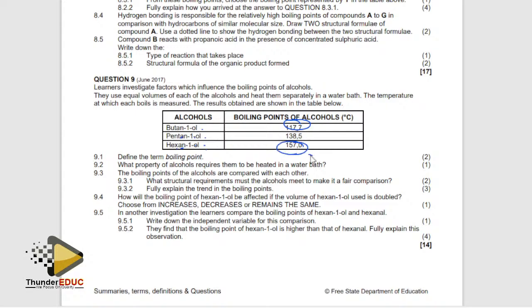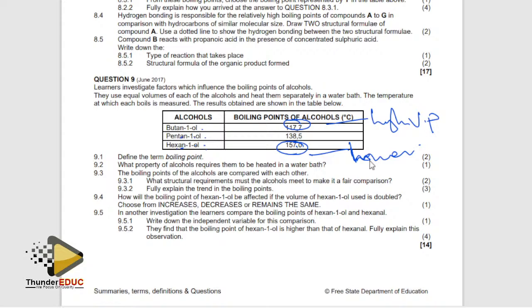So this one is going to have a lower vapor pressure. This one is going to have a higher vapor pressure, while this one is going to have a lower vapor pressure. Why? Because the higher the boiling point, the lower the vapor pressure.